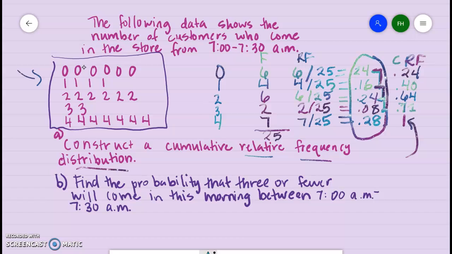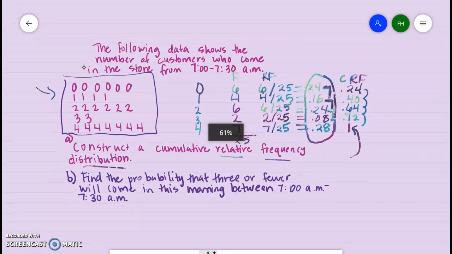Now, cumulative means it accumulates. So this frequency is getting larger and larger and working its way to 1. So if I ask you to find the cumulative relative frequency or to make your table, it would simply be this: 0, 1, 2, 3, 4.